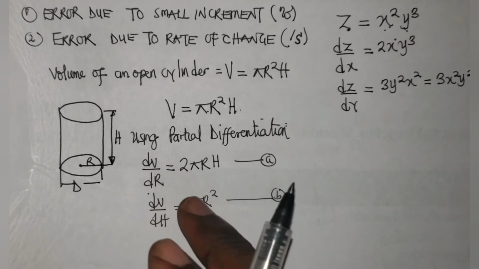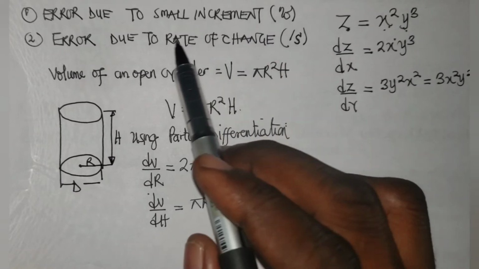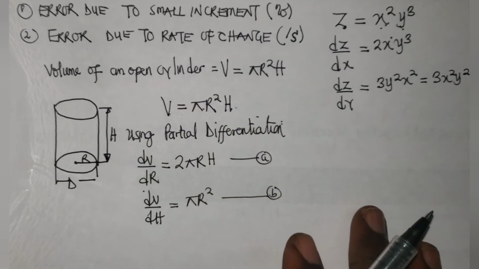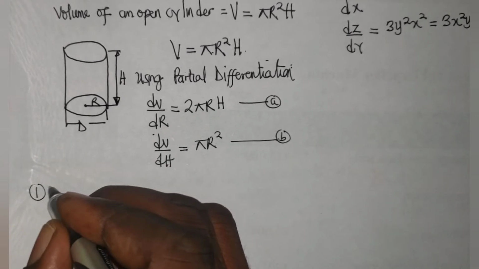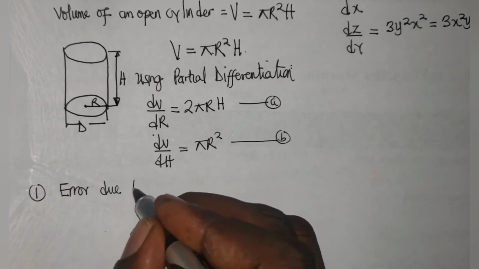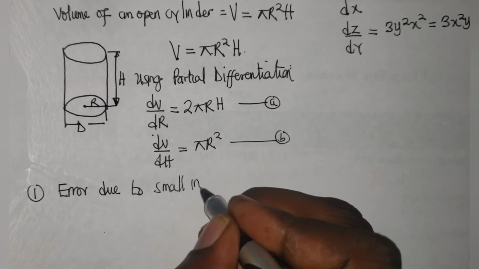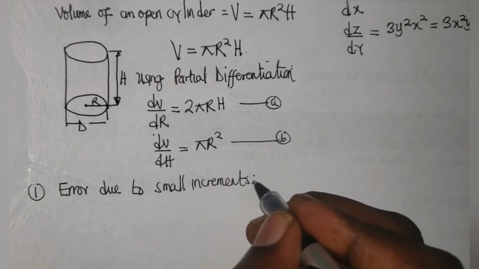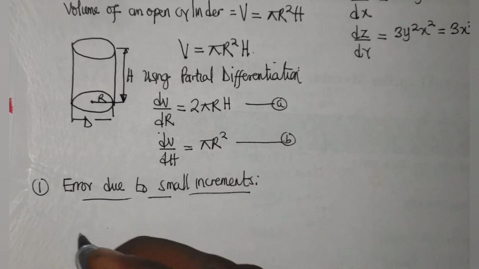So based on what I have here, let me use it to generate a formula for error due to small increments, and at the same time for error due to rate of change. So if I want to do that, this is what I'm going to be having. For 1, error due to small increments, which is always expressed in percentage. So I'm going to be having this formula.